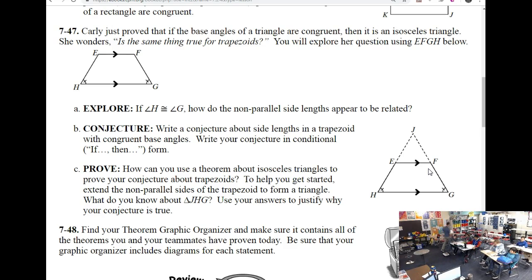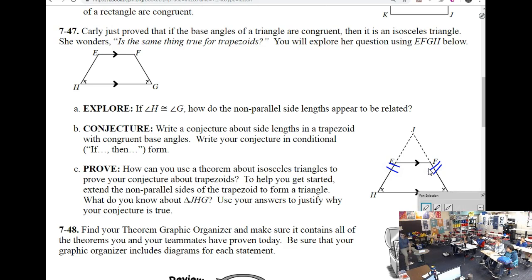Under that premise, we have proven previously that this whole thing is congruent to that whole thing. Because we've already proven it, we can cite it. Which means that EJ is equal to JF, because EF is a straight line, which is in a trapezoid, because EF and HG have to be parallel. EF and HG are parallel, that's given to us, and EF is a straight line.